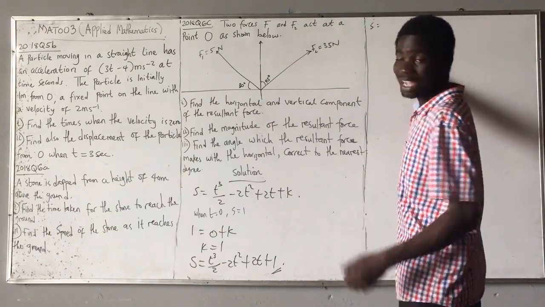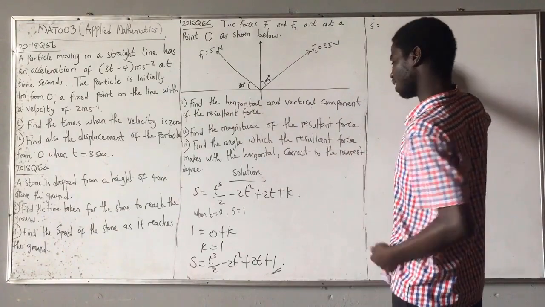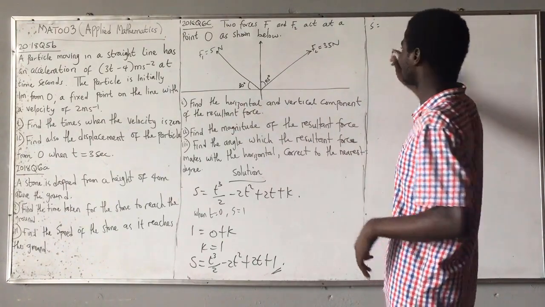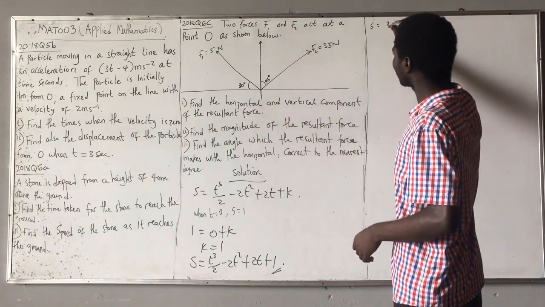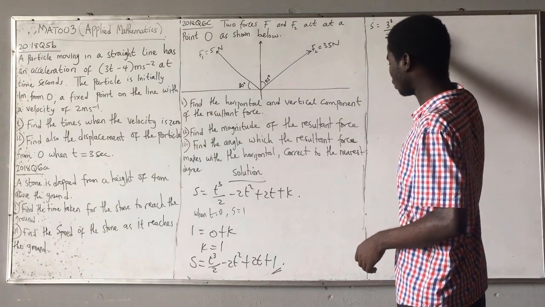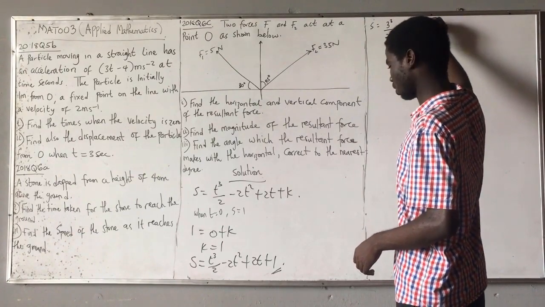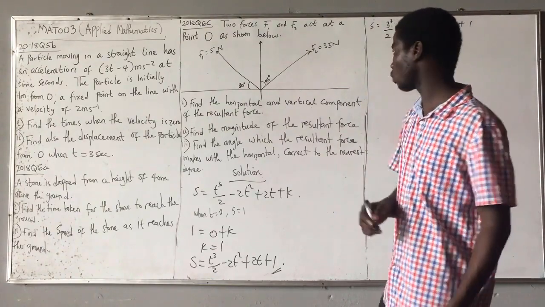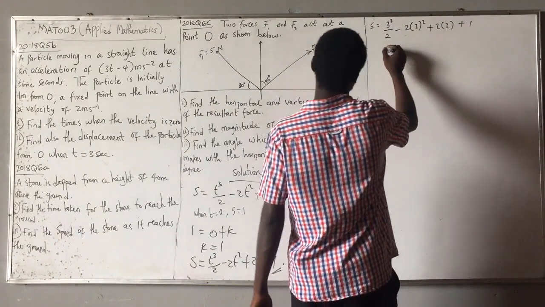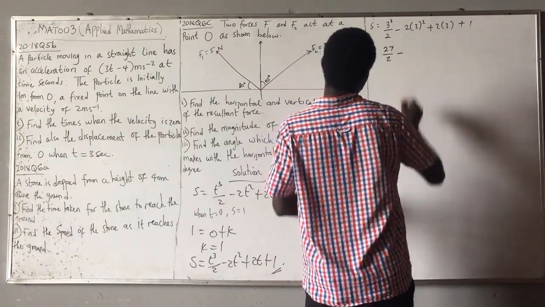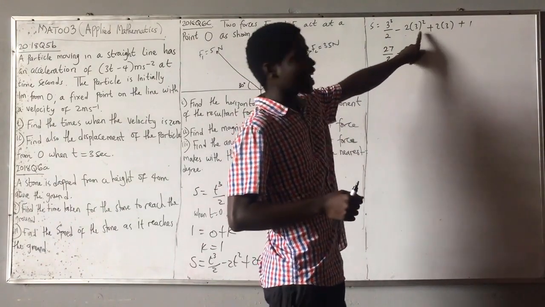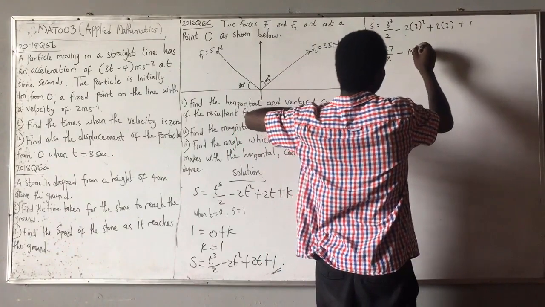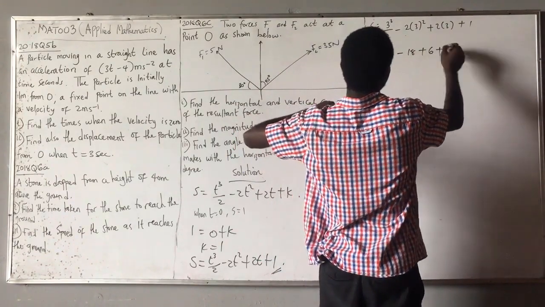So s will be equal to, anywhere you see t, put 3, because that's what they say I should find: the displacement when t is 3 seconds. So this is 3 raised to power 3, everything over 2, minus 2 times 3 squared plus 2 times 3 plus 1. 3 raised to power 3 is 27. I have 27 over 2 minus, 3 squared is 9, 9 times 2, 18, plus 6 plus 1.